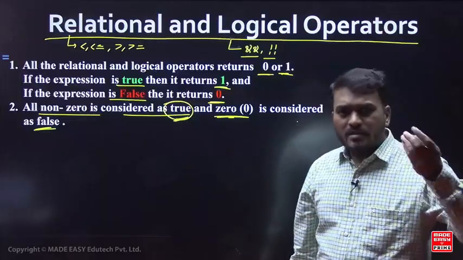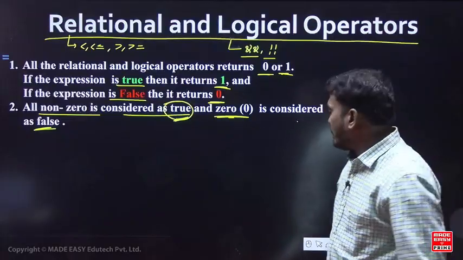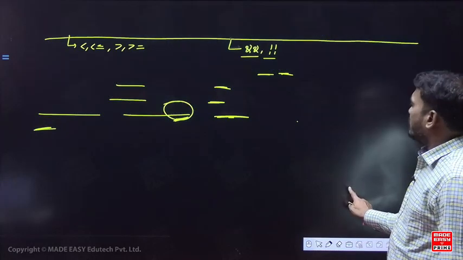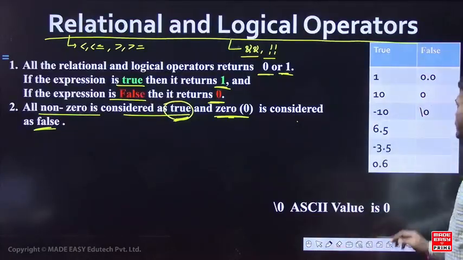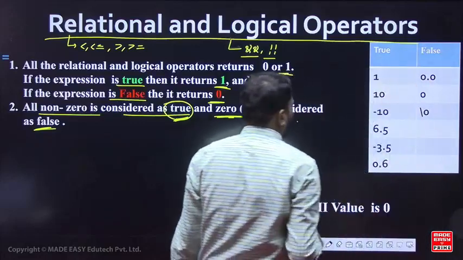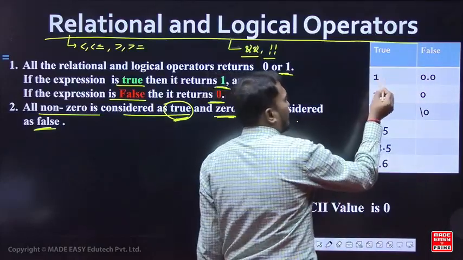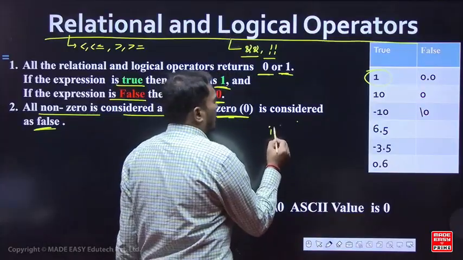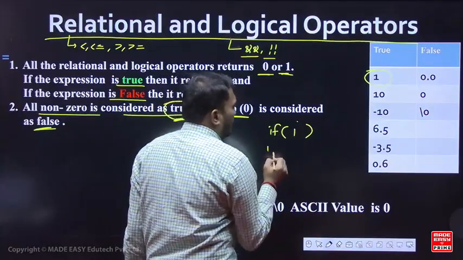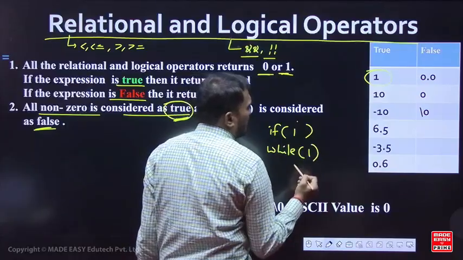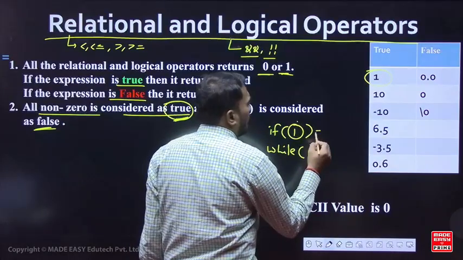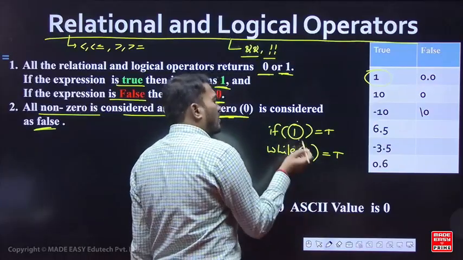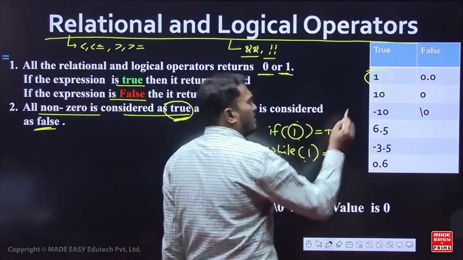All non-zero is considered true and only 0 is considered false. What is the meaning of this? Just listen here. If you write 1 in an if condition or in a while loop, is that true or false? True.